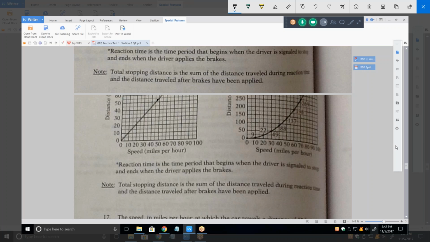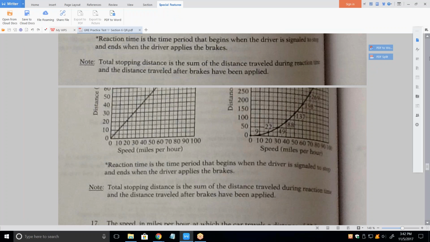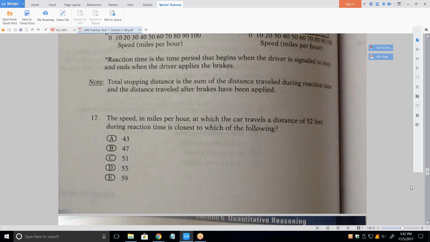That looks more like 47. Exactly. In other words, if I go down to the speed, it's closer to 47 than it is 43. Right. And since those were our two closest choices, 43 and 47, clearly it's got to be 47.